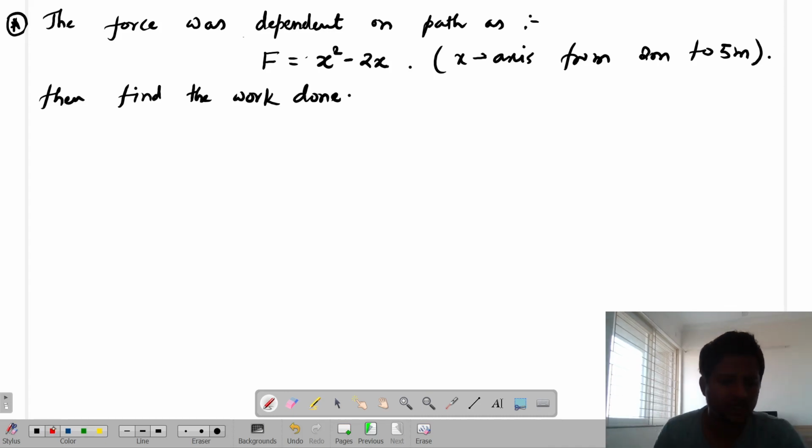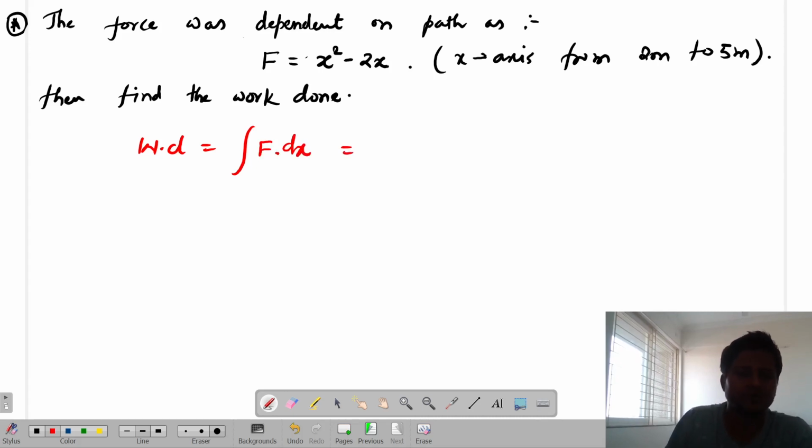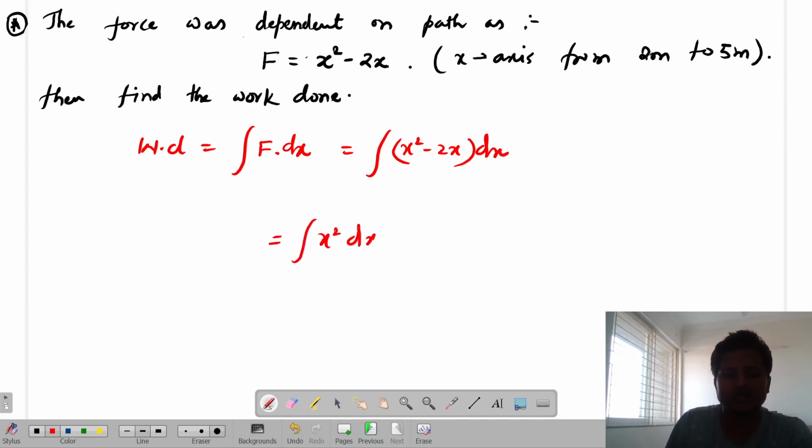If I write work done is equal to integral f dot dx, with variable x, this becomes x square into 2x dx. So this appears as x square dx minus 2x dx.